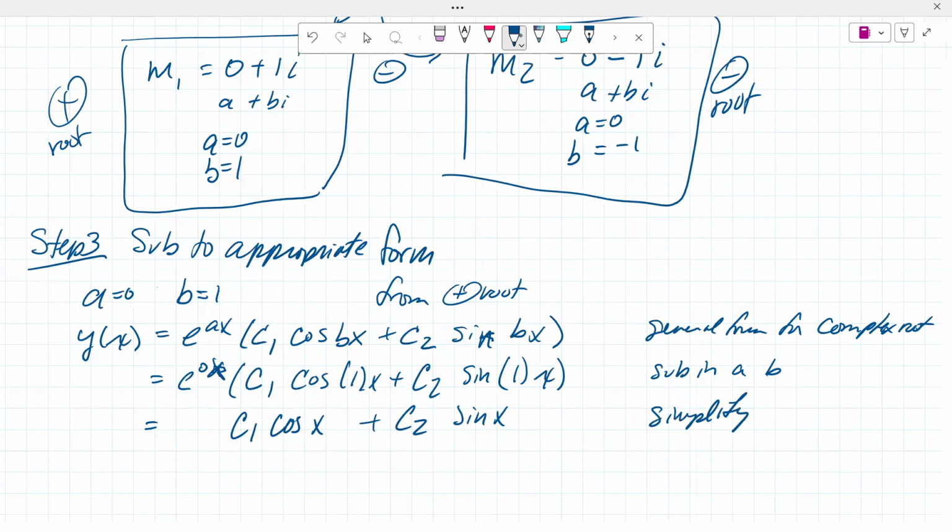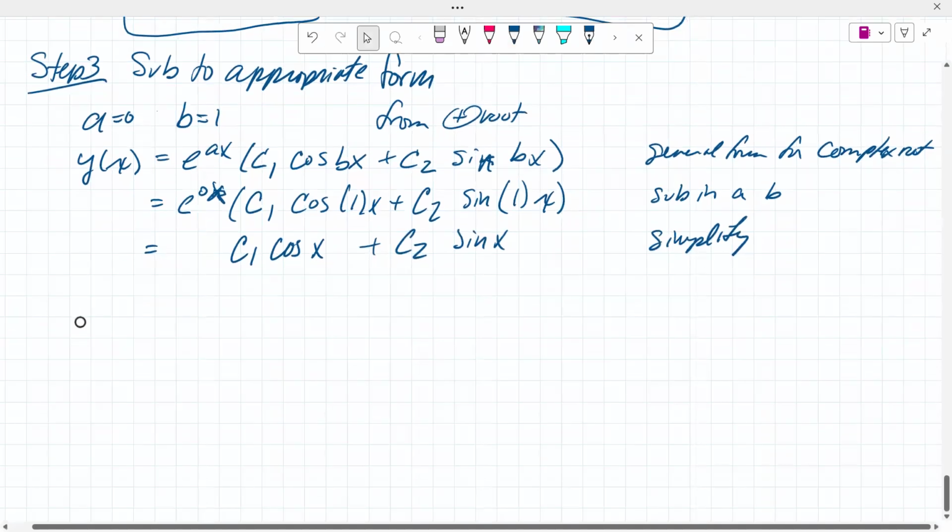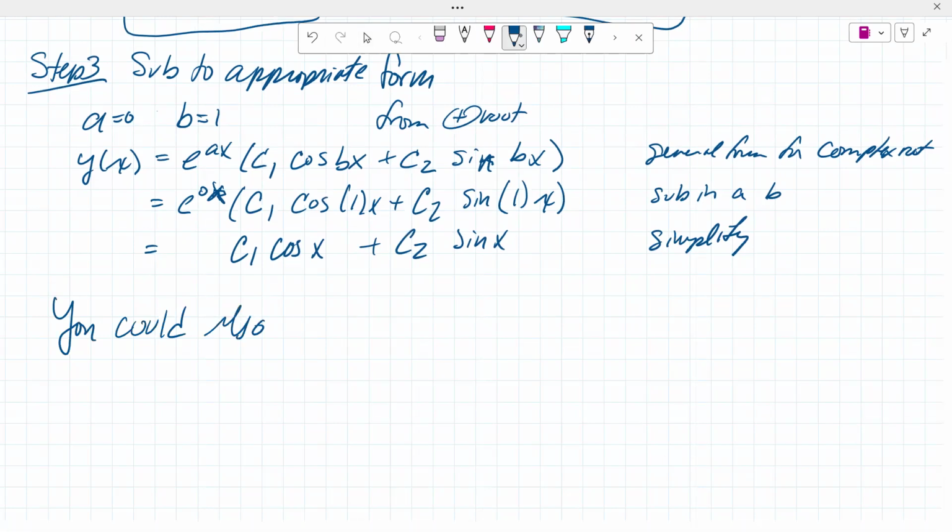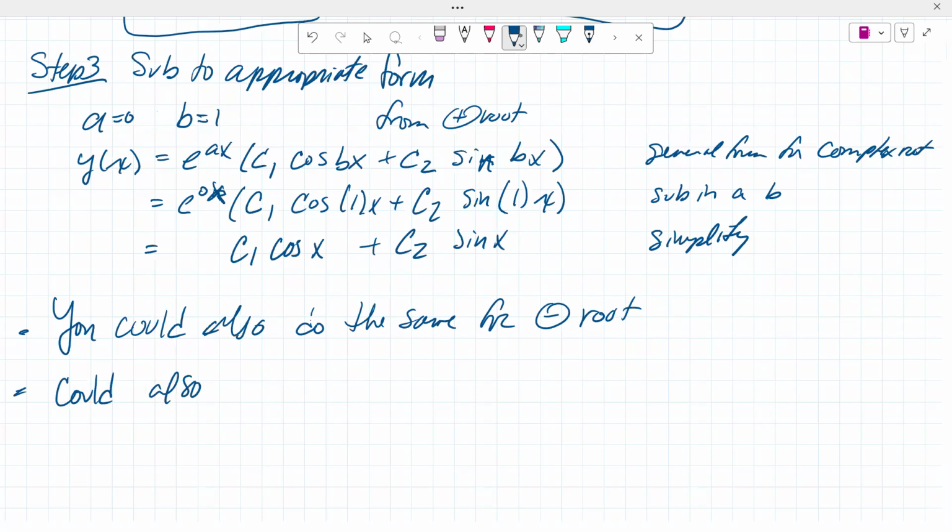Okay, now let's just note that you could also do the same for the minus root, and you could also verify these solutions by substituting those back in the original equations.